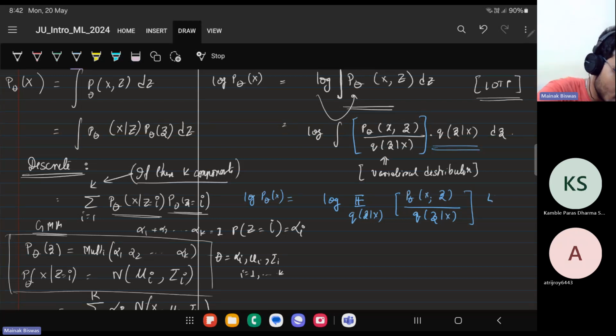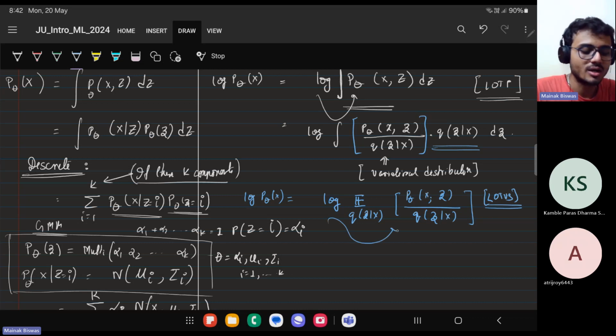Now I ask you this question. What can I do to bring the log inside the integral? That is, bring the log inside the expectation. Once I bring the log inside the expectation, my problem will be solved. As soon as I get this log somewhere here, right? How to do that?